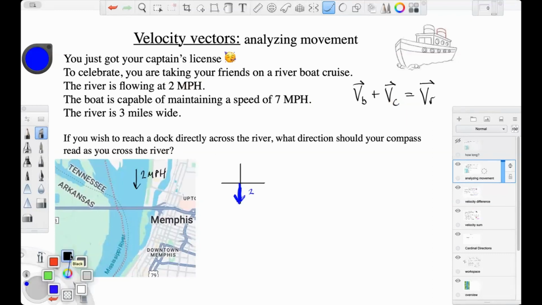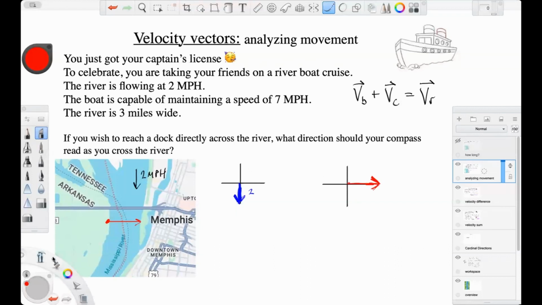And you wish to travel across the river. So you want your resultant vector to go straight across the river. Right, so let's say that you're over here and you want to drive straight across the river. You don't want to go up or down or anything like that. Well, you want your resultant vector to look something like this, right? You want to travel directly to the right.